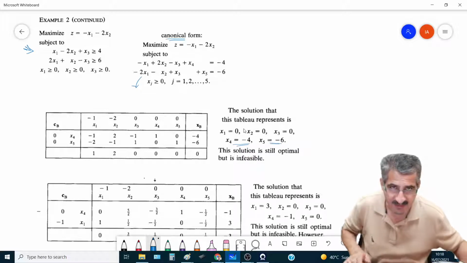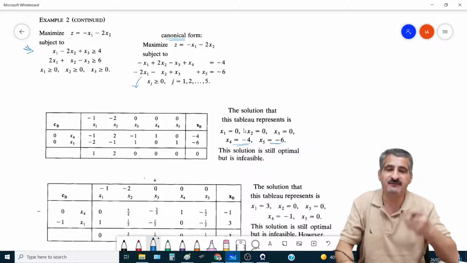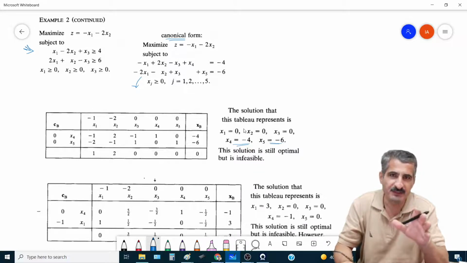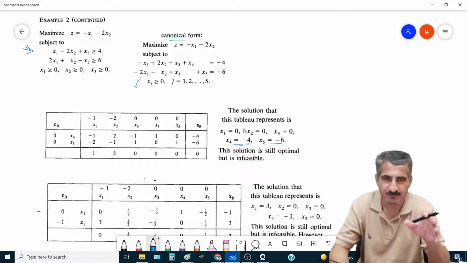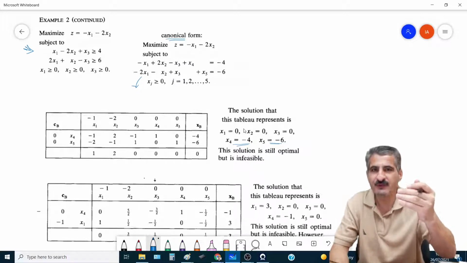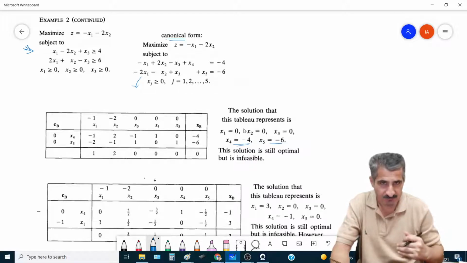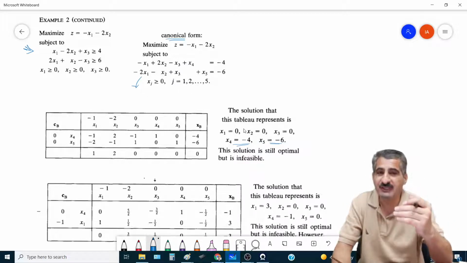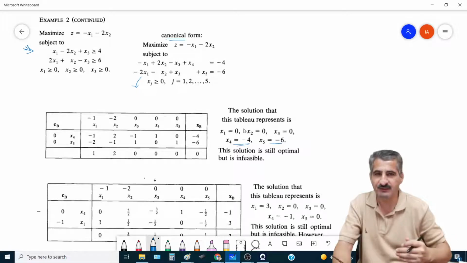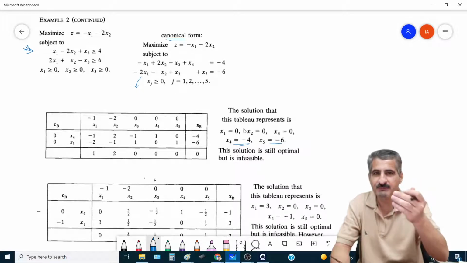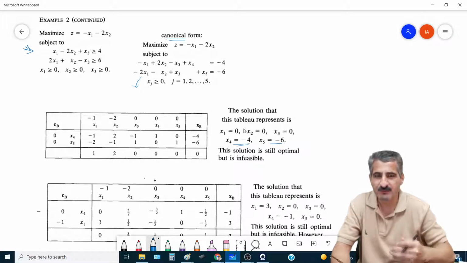It is an infeasible solution. Now pay attention to what I'm saying. We will do pivoting, and I get a new table, and again a new table. At every step of this pivoting, the infeasible solution will become feasible step by step.